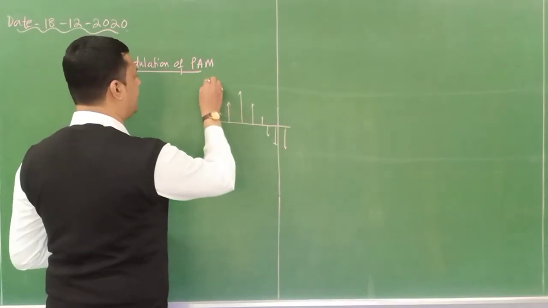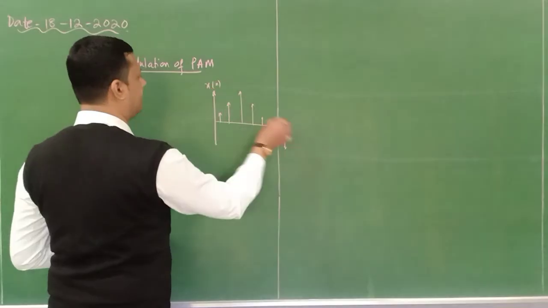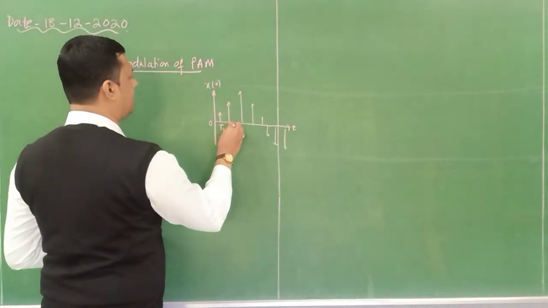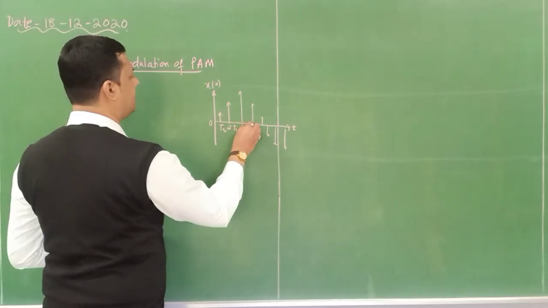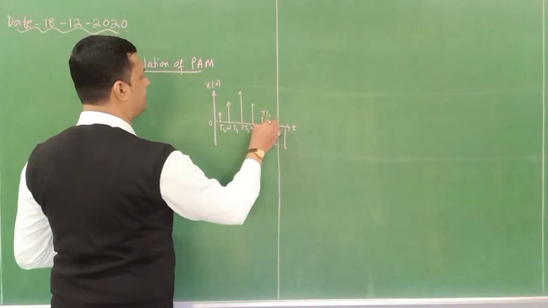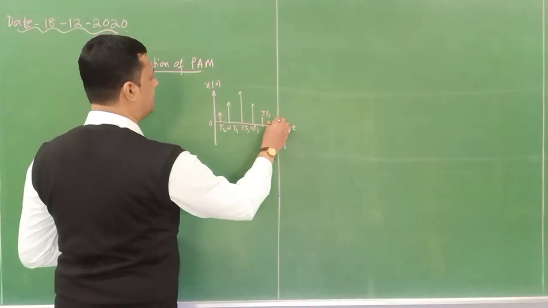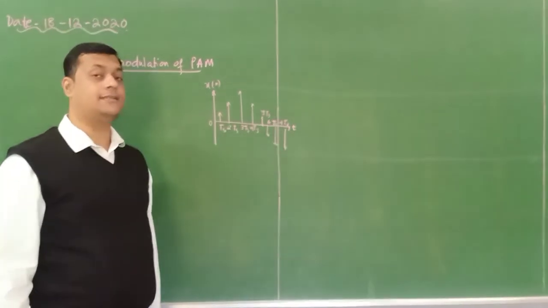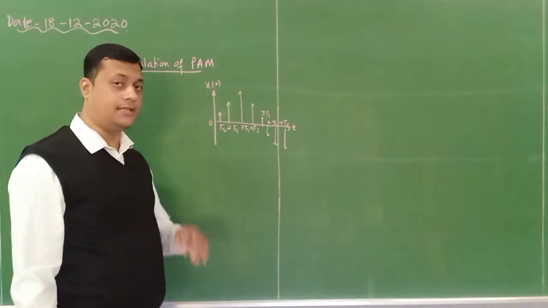This is the instantaneous sampling, that is x of n. This is t, this is 0, this is Ts, this is 2Ts, 3Ts, 4Ts, 5Ts, which is time period, not amplitude, 6Ts, 7Ts, like this. So this instantaneous sample is generated after the instantaneous sampling.